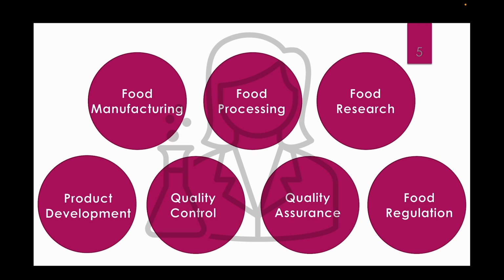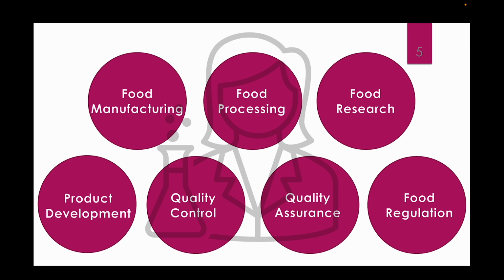Quality control and quality assurance go hand in hand. They both involve the process of ensuring that the products are manufactured correctly and the ingredients and finished products are tested and meet the safety requirements and quality specifications that are set for the food industry. Lastly, we have food regulation, which is extremely important and is set by governments.